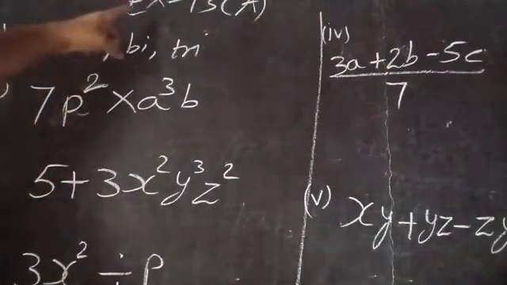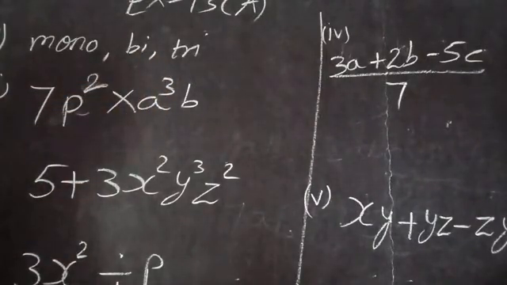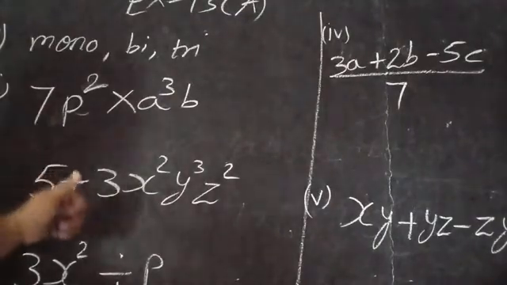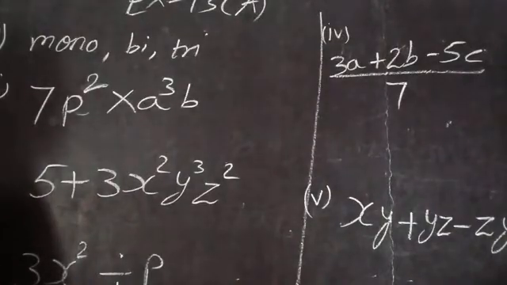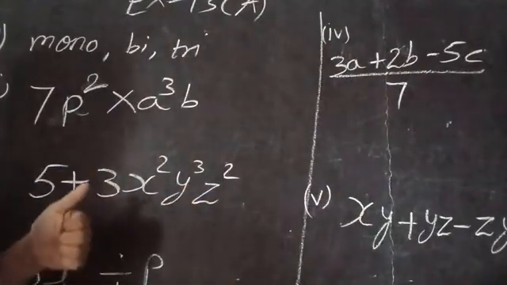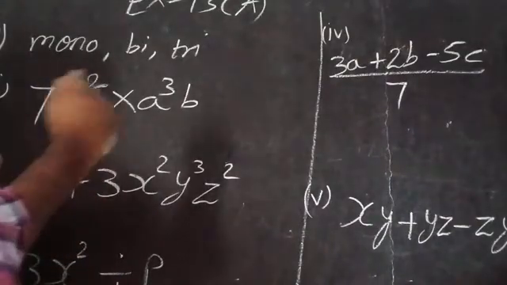Exercise 13A, first one. We have to write monomial, binomial or trinomial for the sums. To check this, we have to count only plus signs or minus signs. Before doing the sum, first we open our left hand thumb and count the plus or minus signs with the right hand fingers.